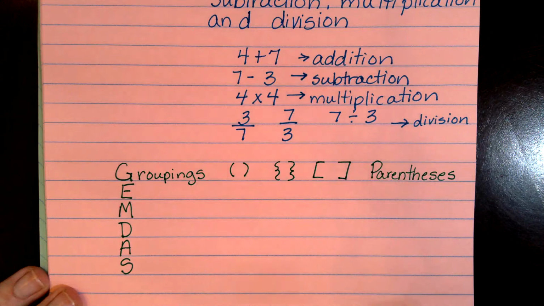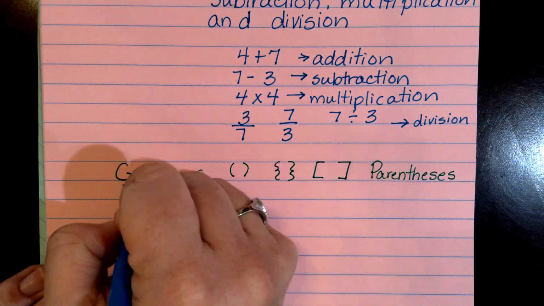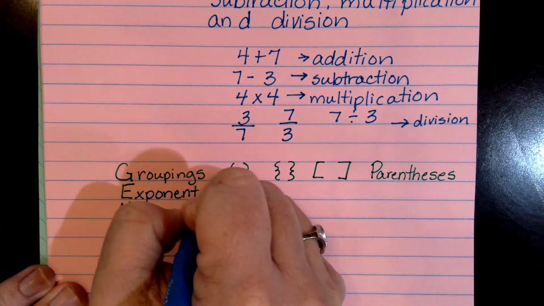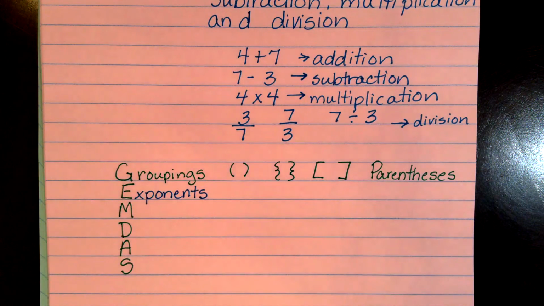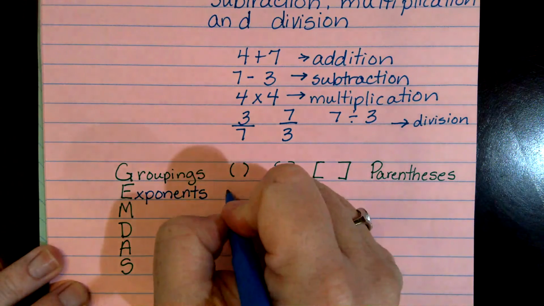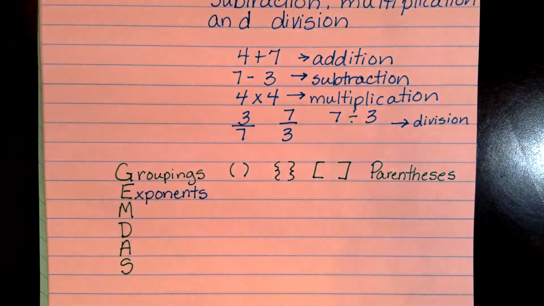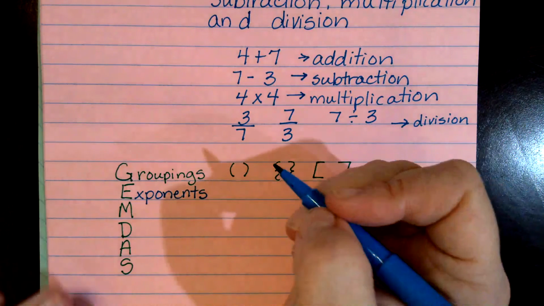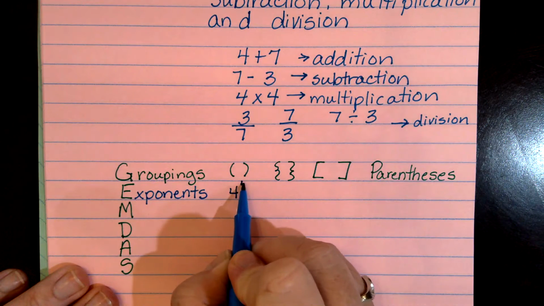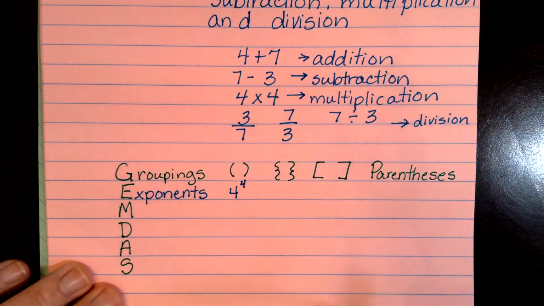All right. The E stands for exponents. You won't have a whole lot of exponents to deal with right away, but remember that an exponent is the little number that tells us how many times we multiply a number by itself. Let's say our number is 4 to the power of 4.